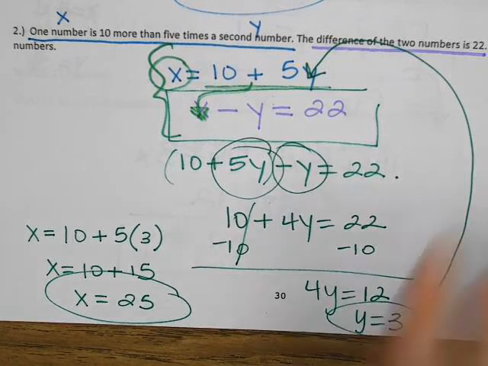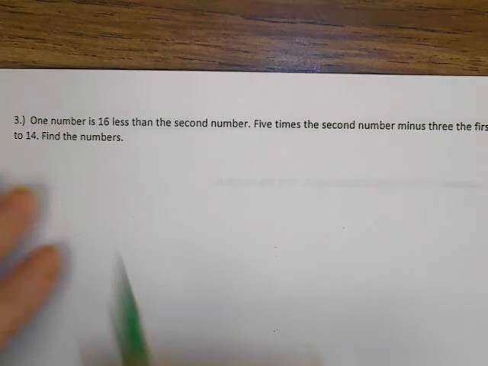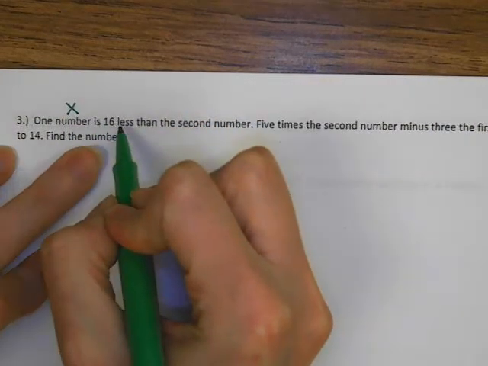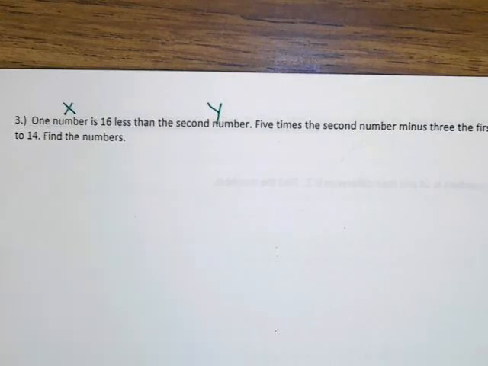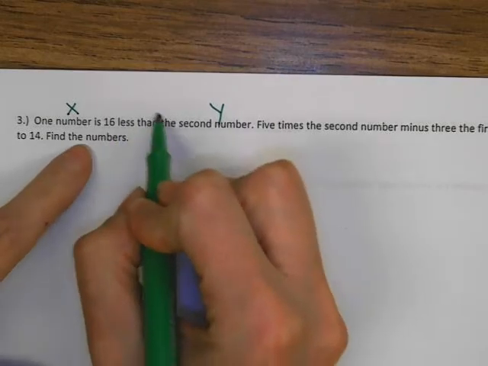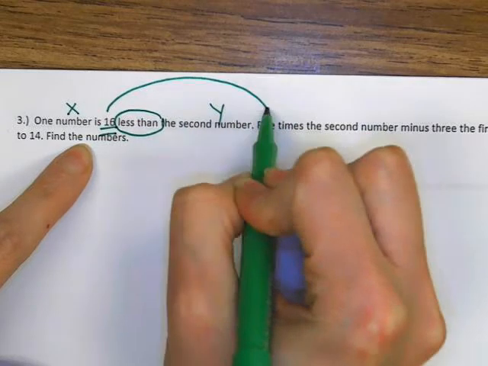All right, one more, number 3. All right, let's set it up. One number, x, is 16 less than the second number, y. Now, guys, you're not going to like me for this one. Whenever it says less than, you have to put this number at the end of the problem.